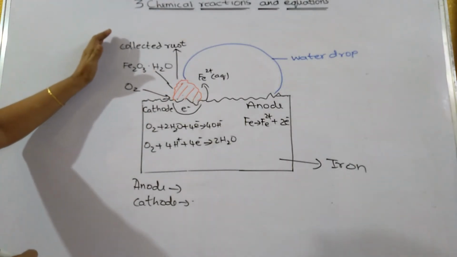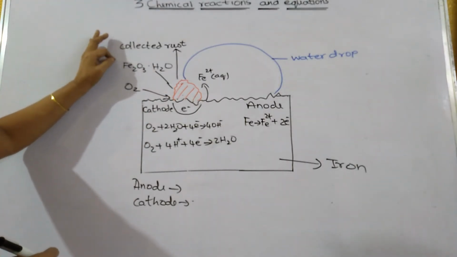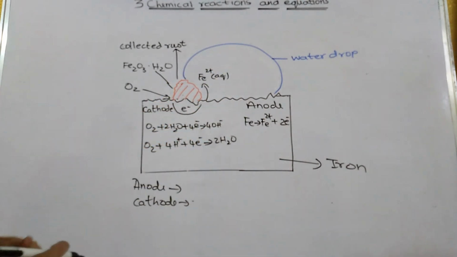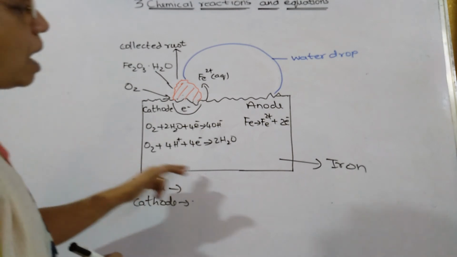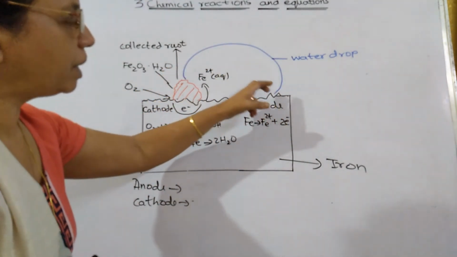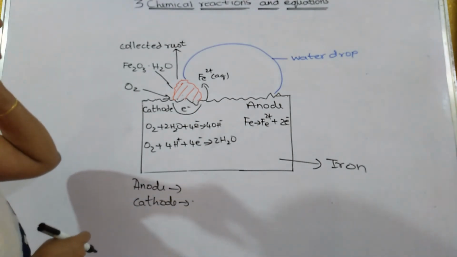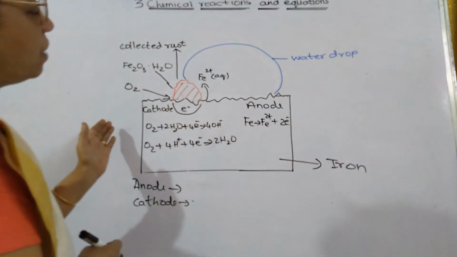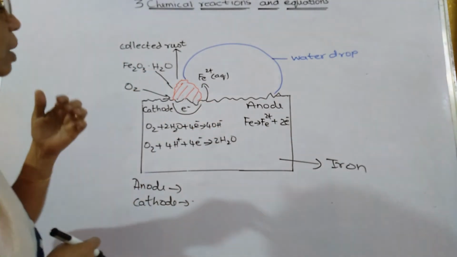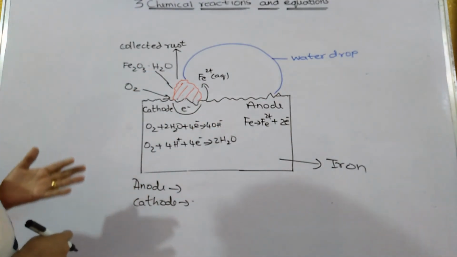Now on page number 45 a question is given, that is question number 5. This diagram is given and the answer of this is given on page number 44 in the end. Now this is an iron piece and this is rust and this is a water droplet on the iron piece. Some part of the iron piece acts like cathode and some part acts like anode, and this is an electrochemical process.